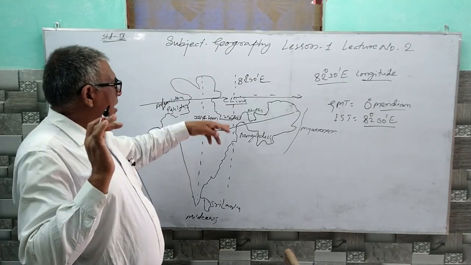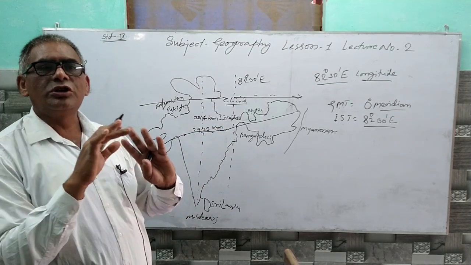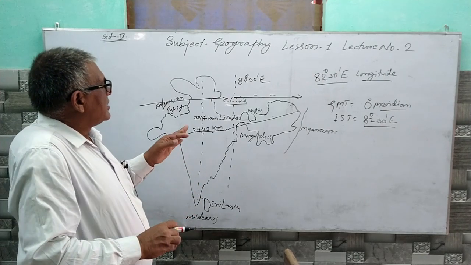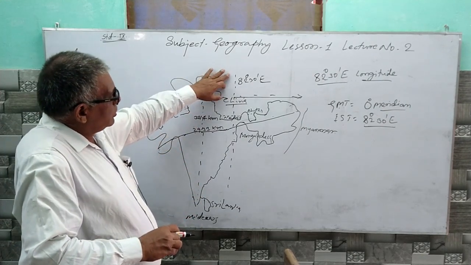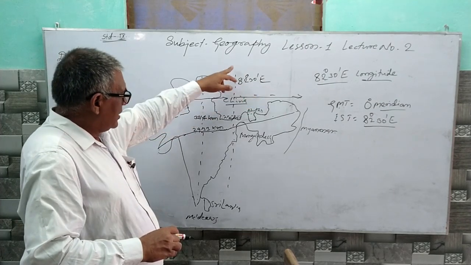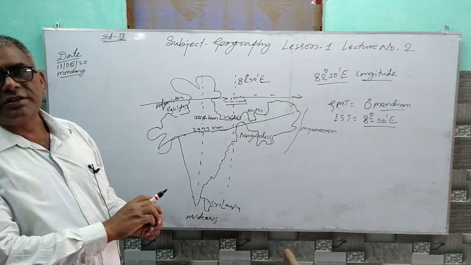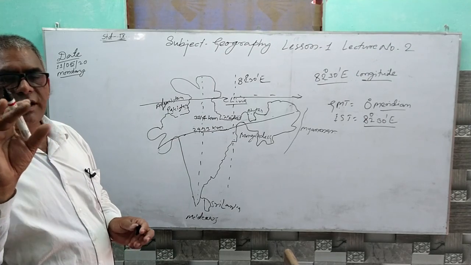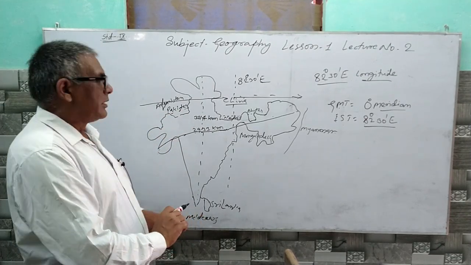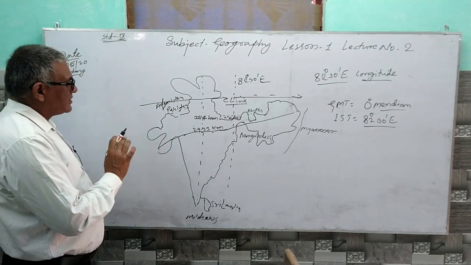But the watches of India show equal time, as they follow the time of the 82 degree 30 minute east meridian, which is the standard meridian of our country.